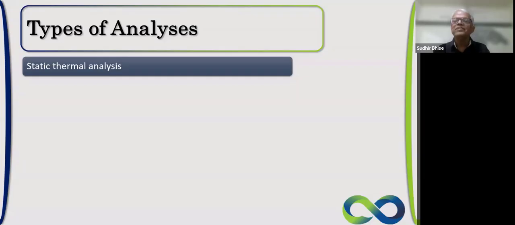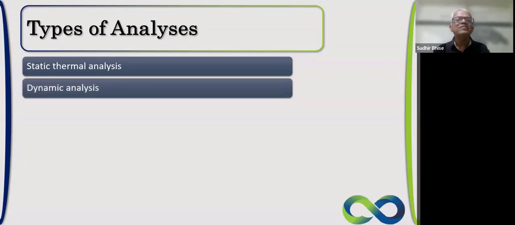Okay, next is dynamic analysis. Seismic analysis and natural frequency analysis fall into this category. Normally, dynamic analysis is done for very critical piping, such as nuclear power plants, where the acceleration due to seismic activity is high, and the fluids handled are very dangerous in nature.